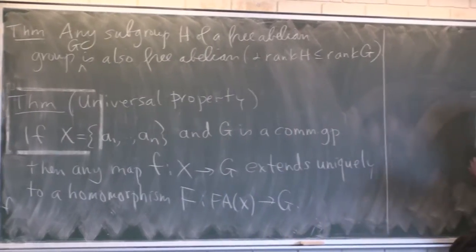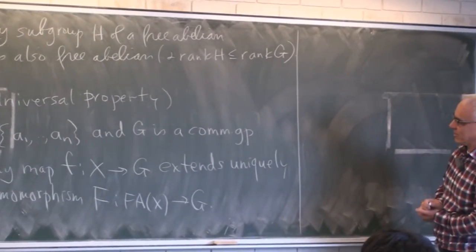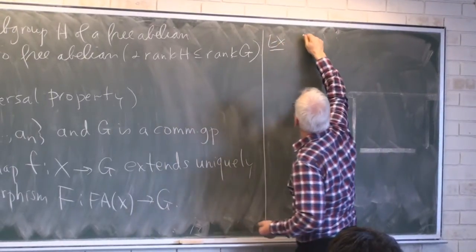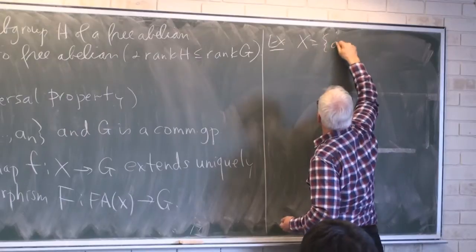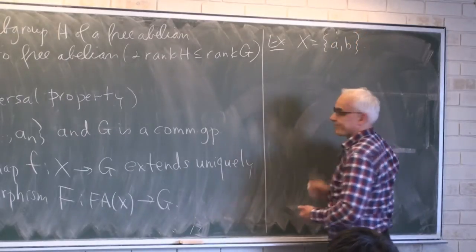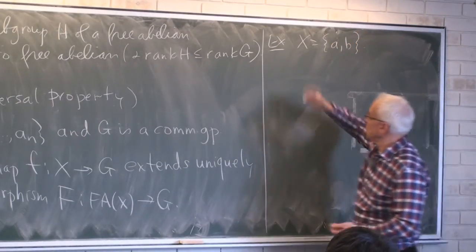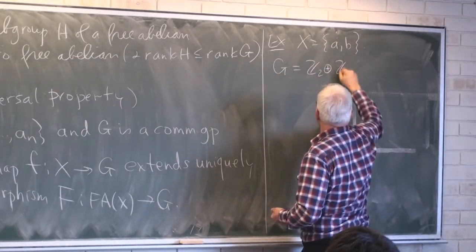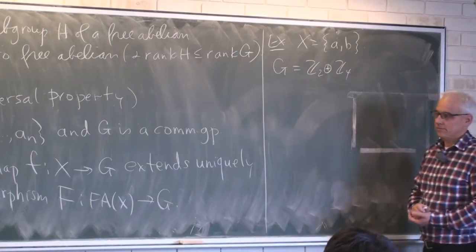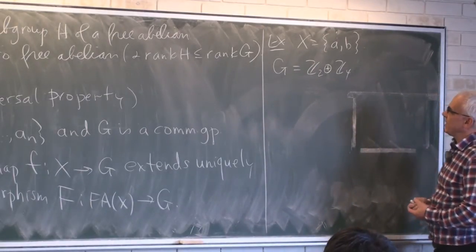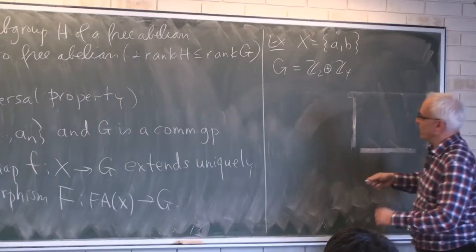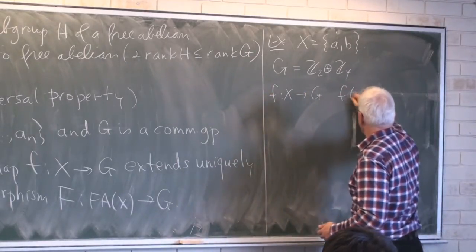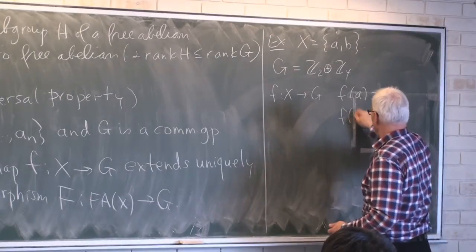Let me illustrate this in a special case, to make it a little bit more concrete. Suppose that we go back to our set X, which is the set {a, b}. And let's take G to be, say, Z2 plus Z4. Let's start off with an arbitrary function f from X into G. So it's defined by what f of a is and what f of b is.